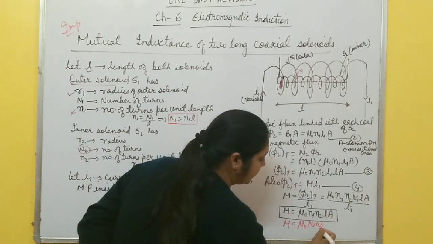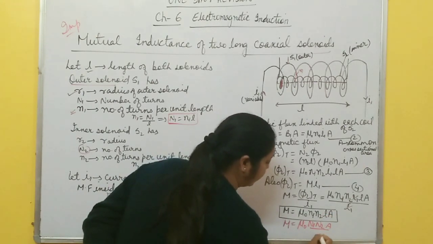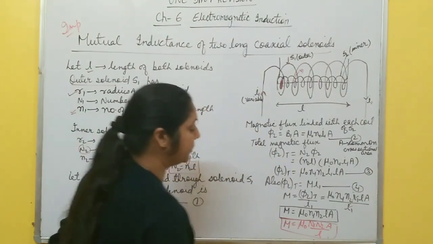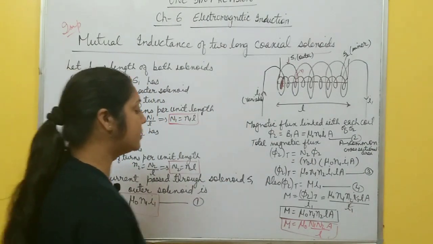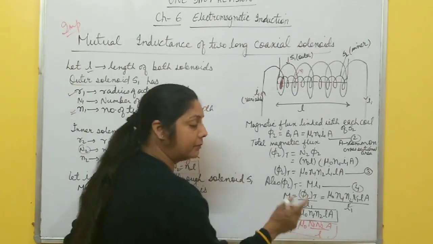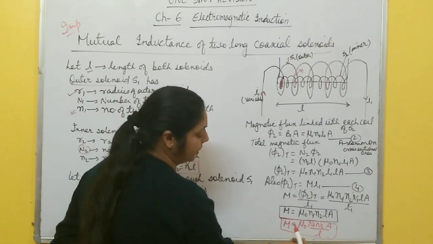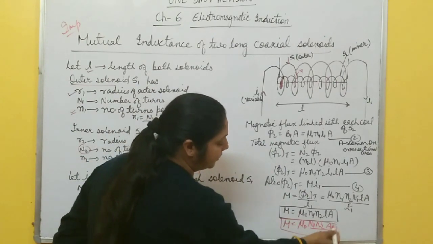So one L cancels, A, and here L. It becomes mu naught N1 N2 A by L. This is the mutual inductance of two long coaxial solenoids in terms of capital N, the number of turns in both the solenoids: mu naught N1 N2 A by L.